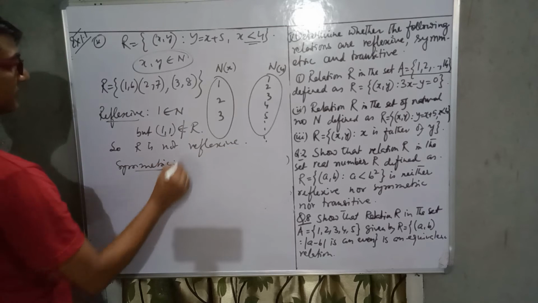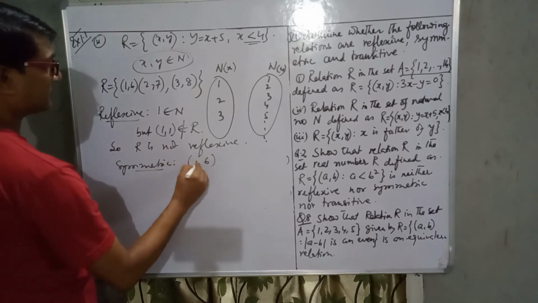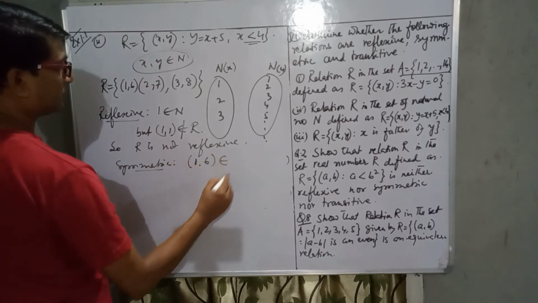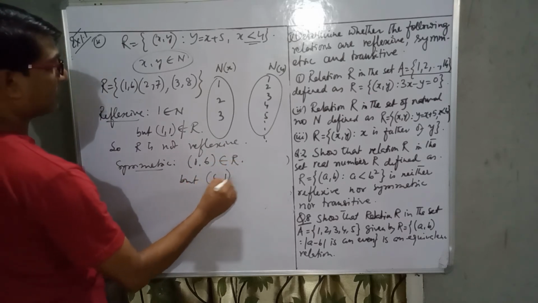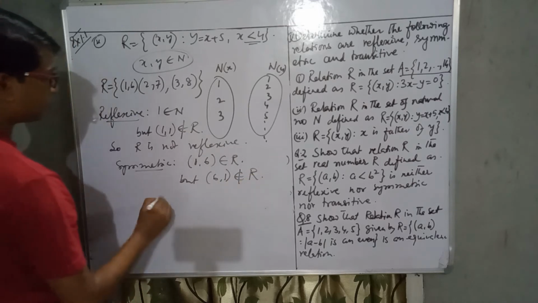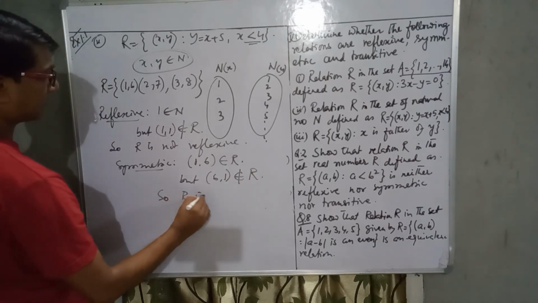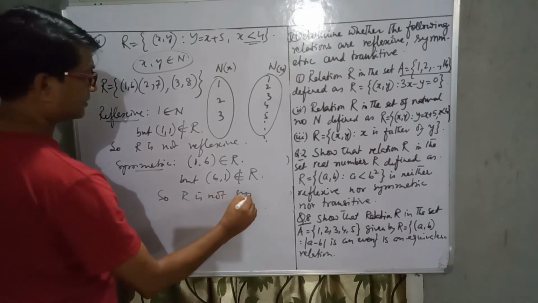Symmetric: 1 comma 6 belongs to R, but 6 comma 1 does not belong to R. So R is not symmetric.